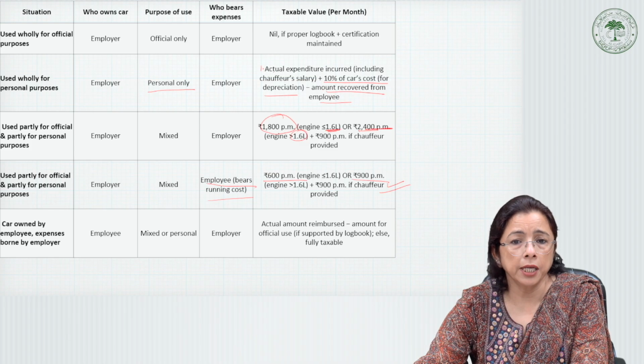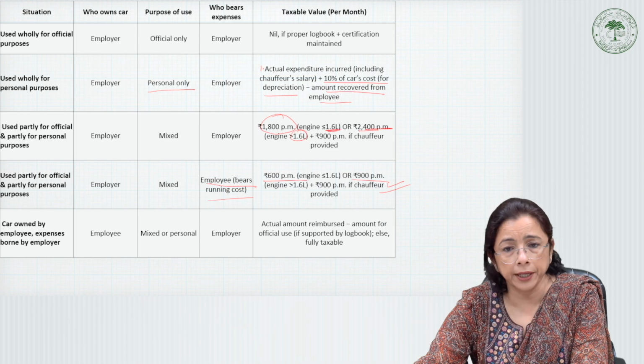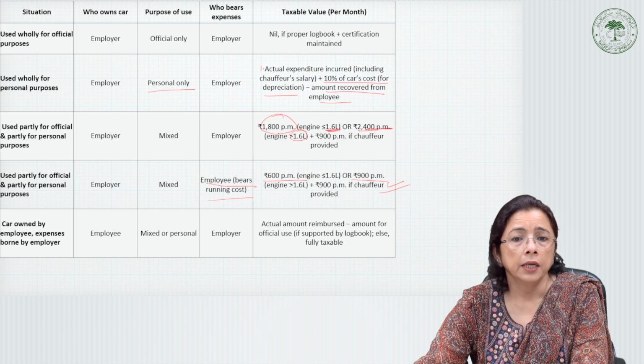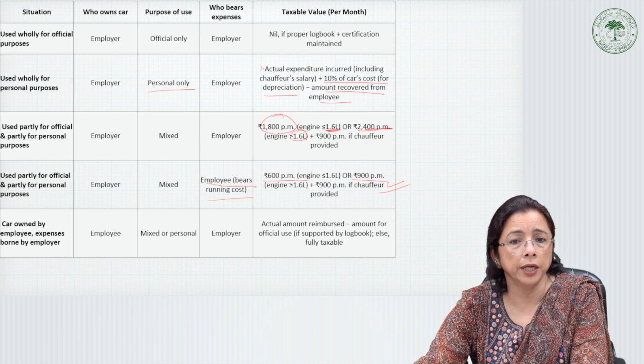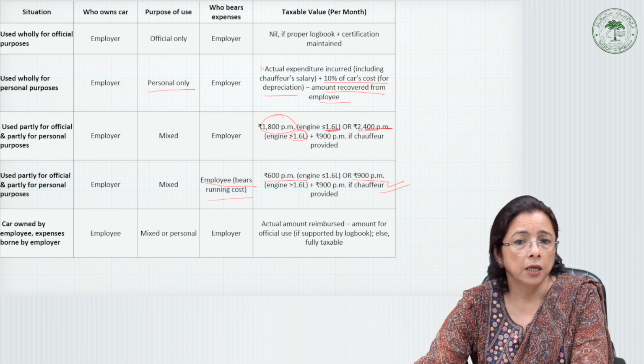Point number 2 says, if it is owned by the employer, then it is the actual amount of whatever expenditure is incurred on running and maintenance of the car. We have to include the depreciation at 10%, and we have to include the remuneration. And if it is taken on lease, then whatever amount is spent on running and maintaining the car, remuneration, plus also the amount which is being charged from the employee. So these things have to be kept in mind.